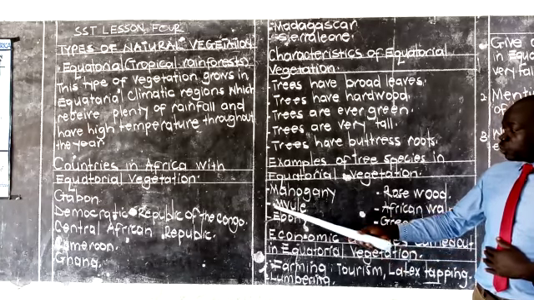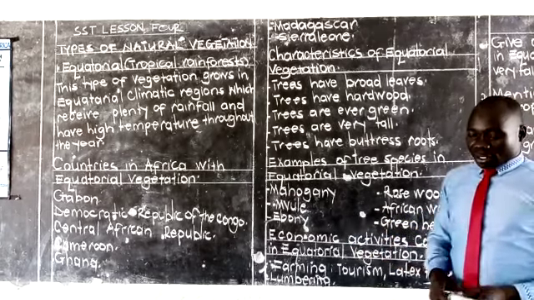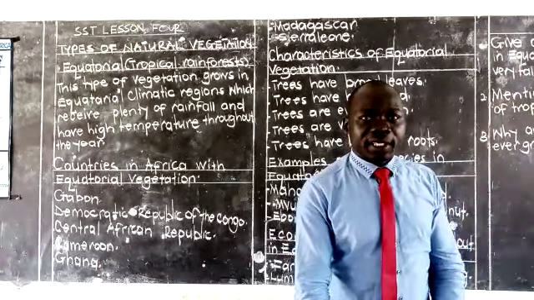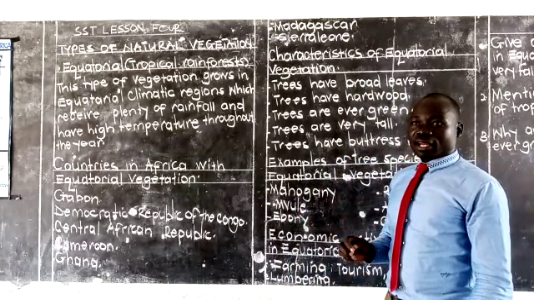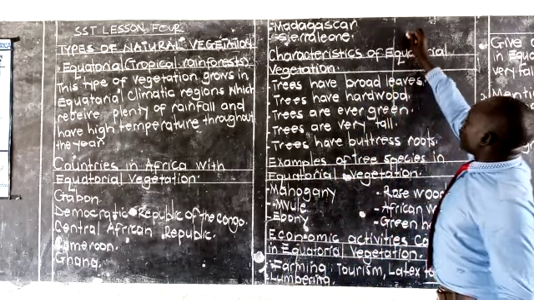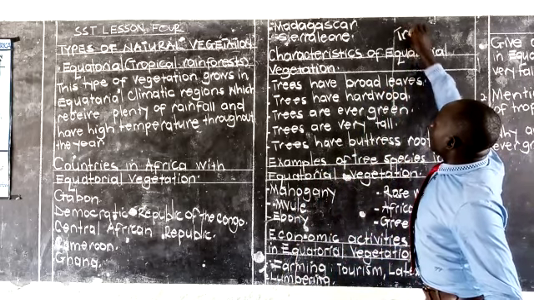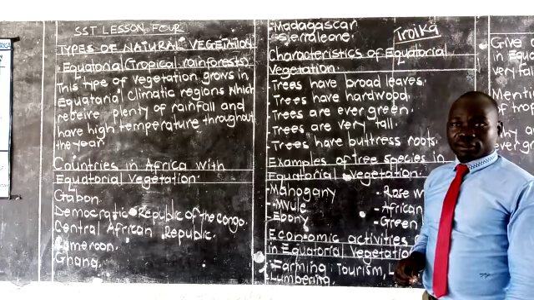We have a tree called the iroko. I said sometimes this tree is called the iroko. Let me write for you the spelling of iroko. Another name for it.